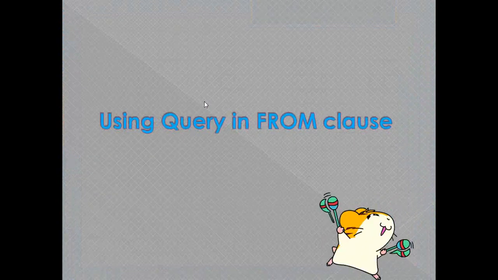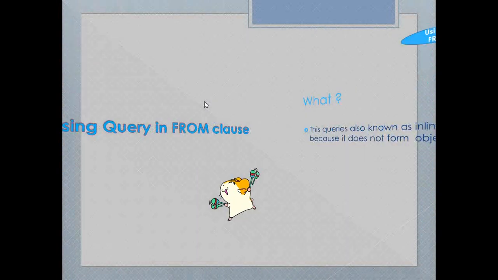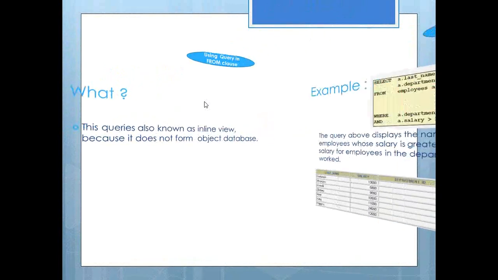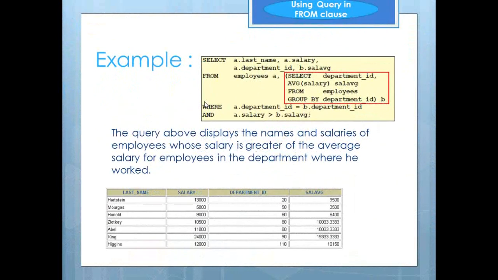Using a subquery in the FROM clause. What is it? This is also known as an inline view because it does not form a database object. It's actually the same as another subquery, but the difference is just the place of the subquery, which is in the FROM clause.